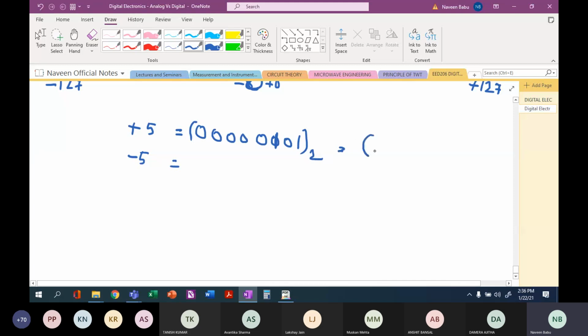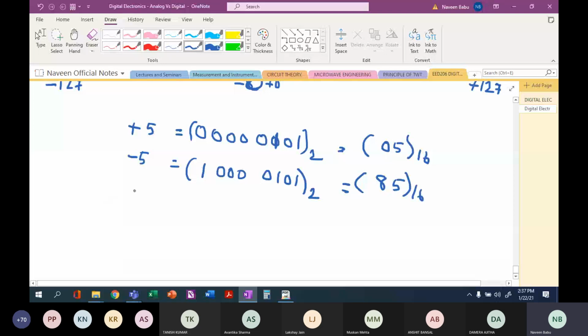So the hexadecimal equivalent is 0, 5 to the base 16. Now minus 5 is represented with the sign bit 1, then 0, 0, 0, and then the magnitude part 0, 1, 0, 1 to the base 2. This is equivalent to 8, 5 to the base 16.